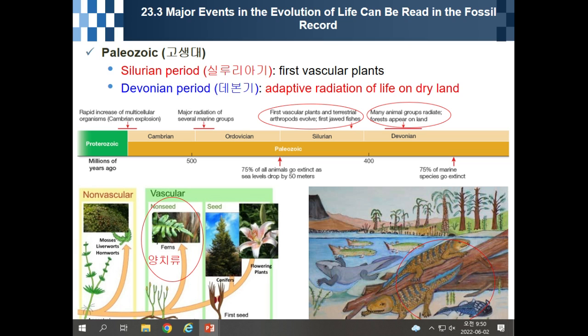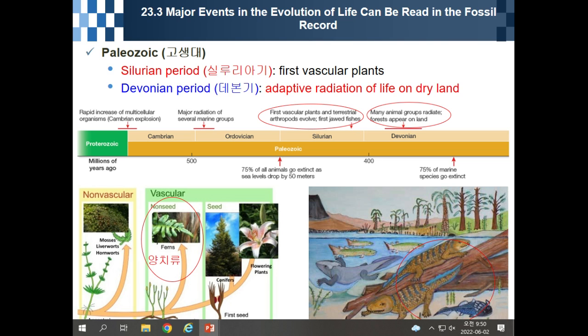It means that they absorb UV, so it means that on the land, some animals can survive. Initially on the land, there was no animal. So under the sea, one animal goes to the land. In the land, there was no animal, so it will do the adaptive radiation.